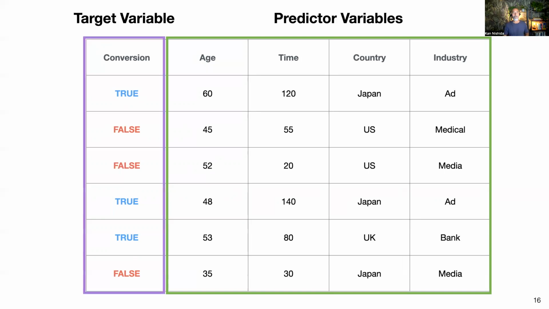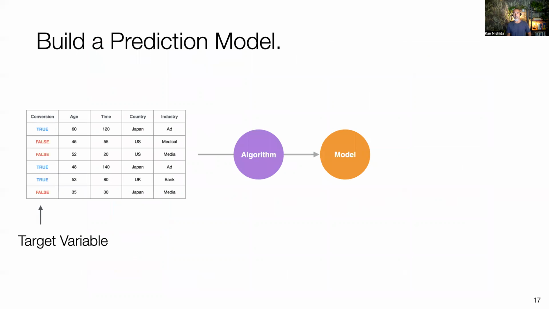So we call them by very specific names. One is a target variable, and that's the one that we are interested in. And then prediction variables, those are the ones that we base on, and then we want to predict the target variable values.